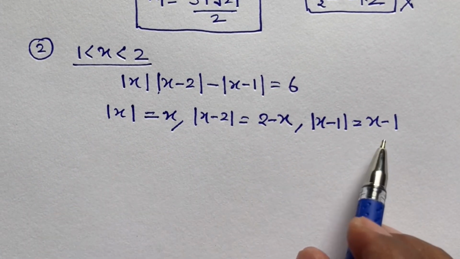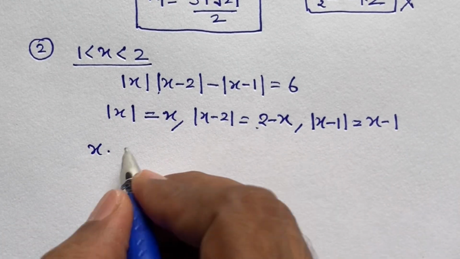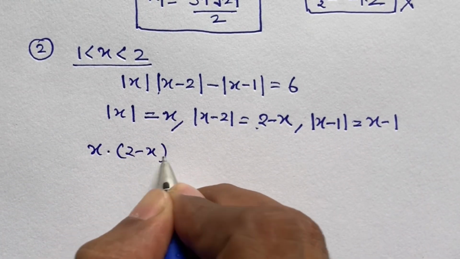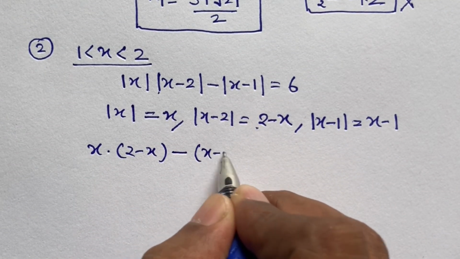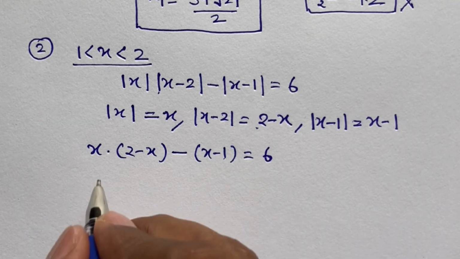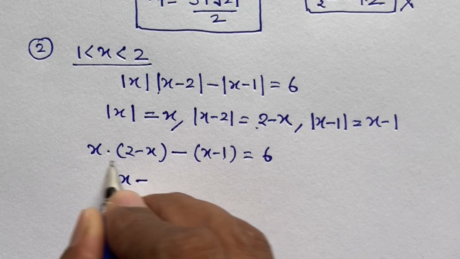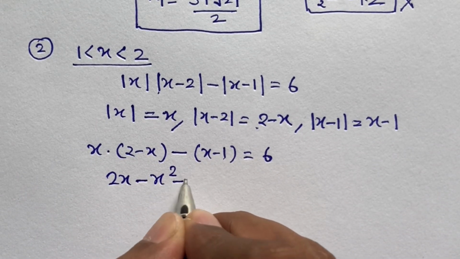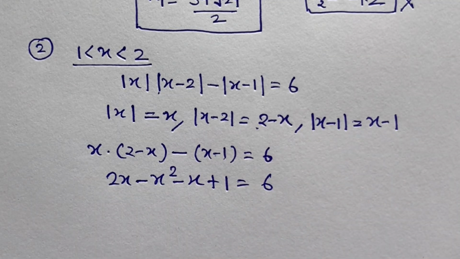By this condition, our equation will be x(2 − x) − (x − 1) = 6, or 2x − x² − x + 1 = 6. Take 6 to this side.